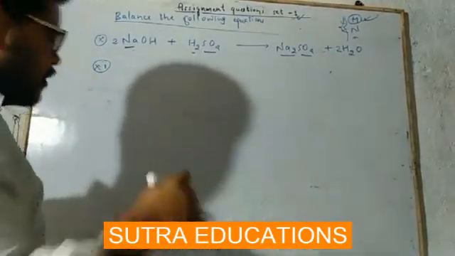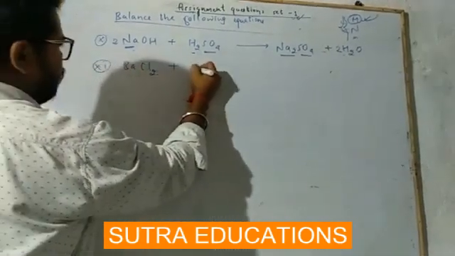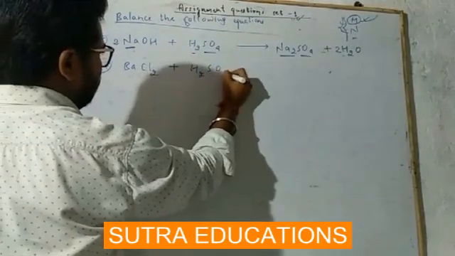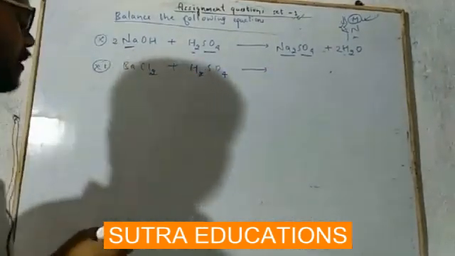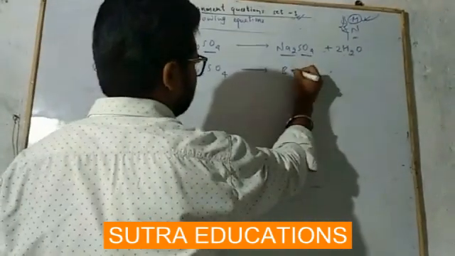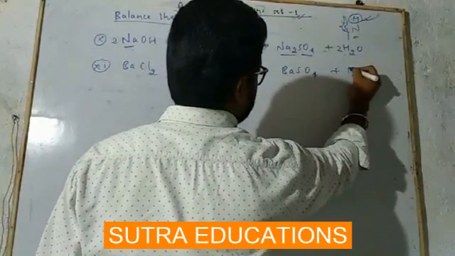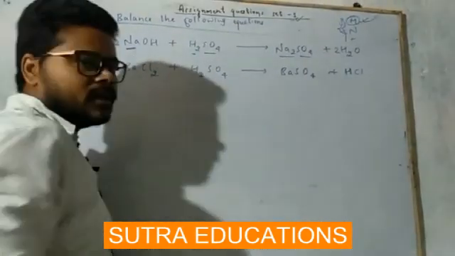11 is BaCl2 plus H2SO4. It will be BaSO4 plus HCl. This reaction is an example of a double decomposition reaction.